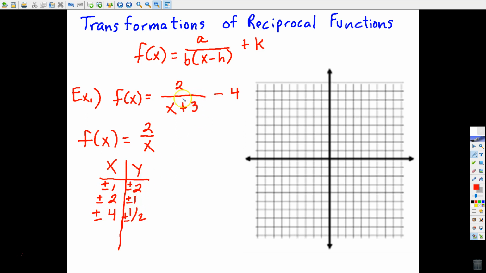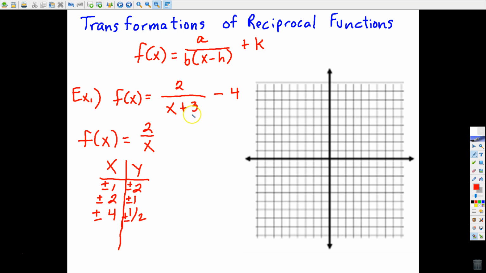Now let's take a look at how this parent is being translated. Looking in the denominator first, we're already used to this kind of thing with previous parents. Can somebody tell me what kind of movement is indicated by this plus 3 in the denominator? Which way are we going and how many? Anybody want it? Nobody wants it?